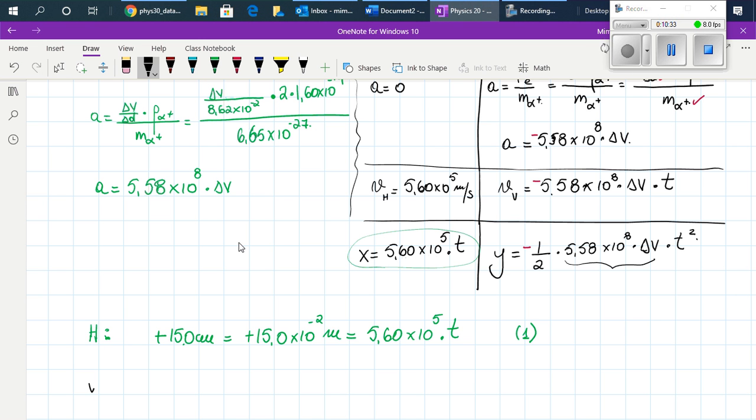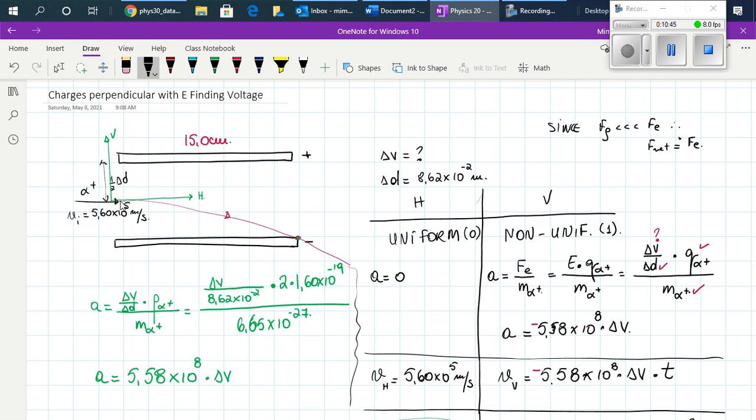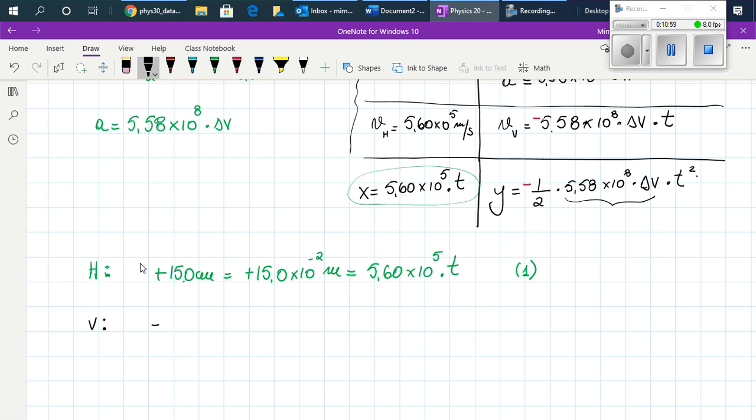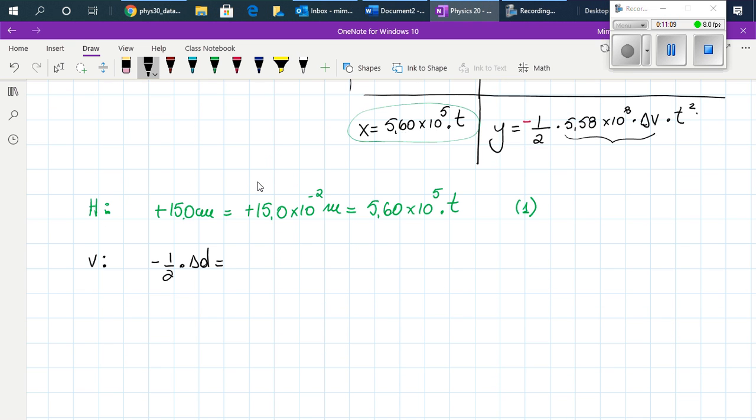Now, from the vertical, we have that the object is entering at the mid distance between the two plates, which means that the object in the vertical direction is moving this much, which is half of the distance between the two plates, but in the negative direction. So this will be negative 1/2 times delta D, which is 8.62 times 10 to the power of negative 2.